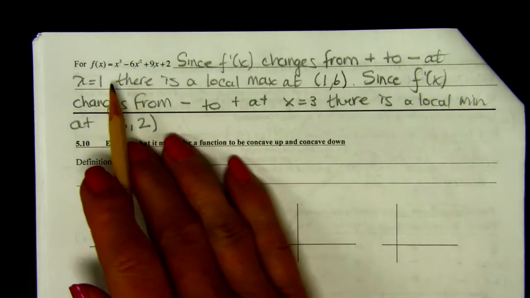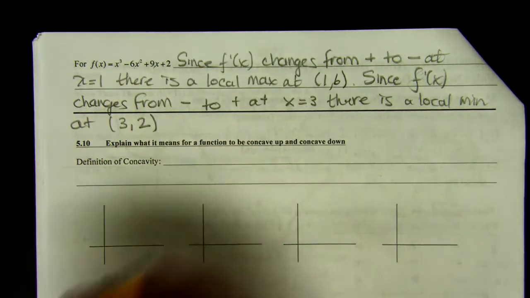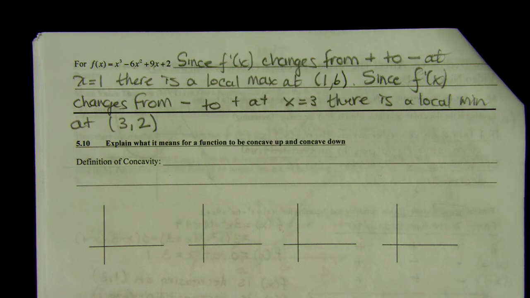If I put 3 in the function, I would get 2. So now we have a way of determining where our local maximums and local minimums are. Up to this point, we knew where to find absolute maximums and minimums. Now we know how to find local ones.